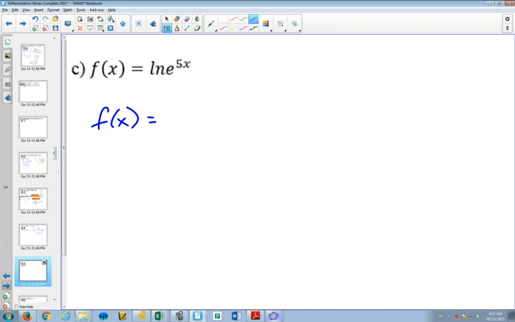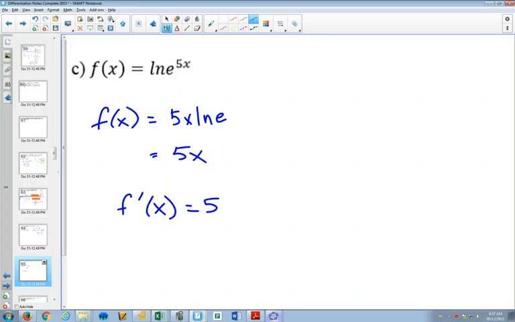Whenever you have an exponent inside, what can happen with that exponent? It could come out in front. So we could bring that 5x out in front and then get 5x natural log of e. And then, as Sam said, the natural log of e is 1, so this just becomes 5x. And so our derivative of 5x is just 5.